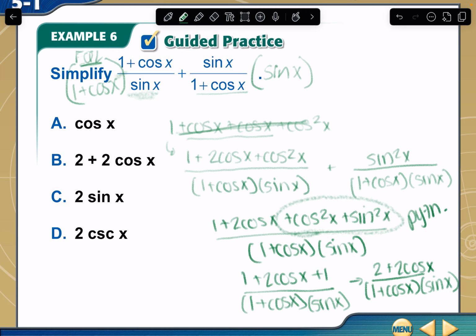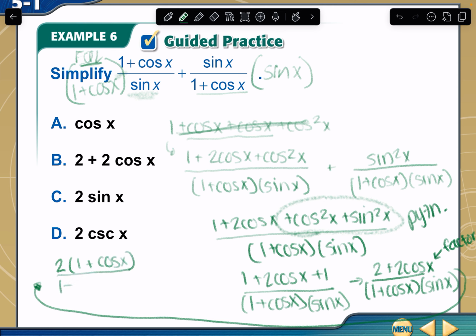So the top of this fraction, I'm going to factor, and I'm going to move over here. So, meaning 2 plus 2 cosine x. They both have a 2 in common that I can factor out. So 2 times 1 is going to get me back to 2, and then 2 times cosine will get me back to 2 cosine x.